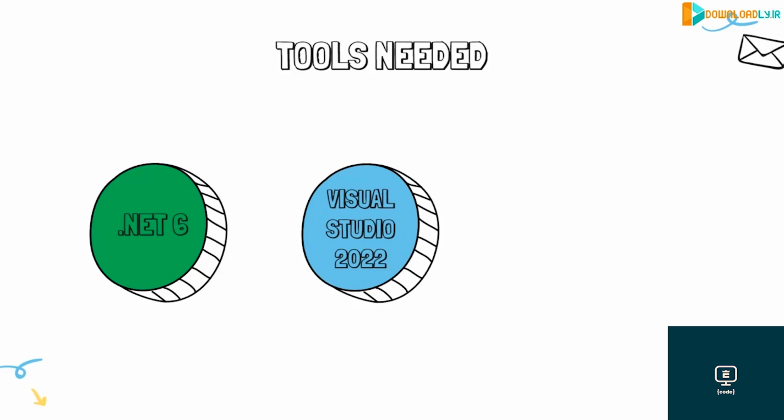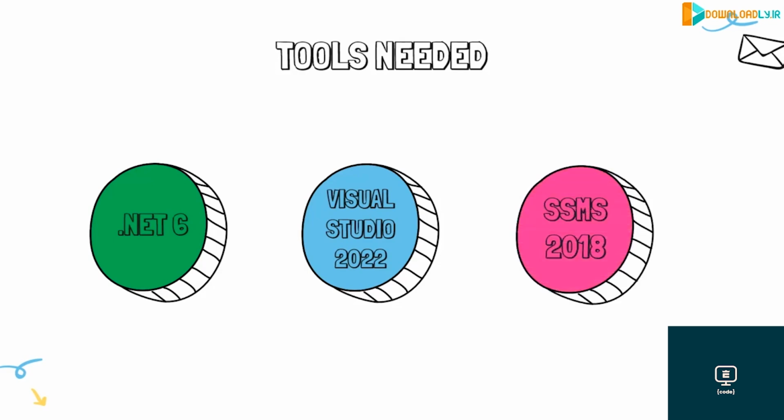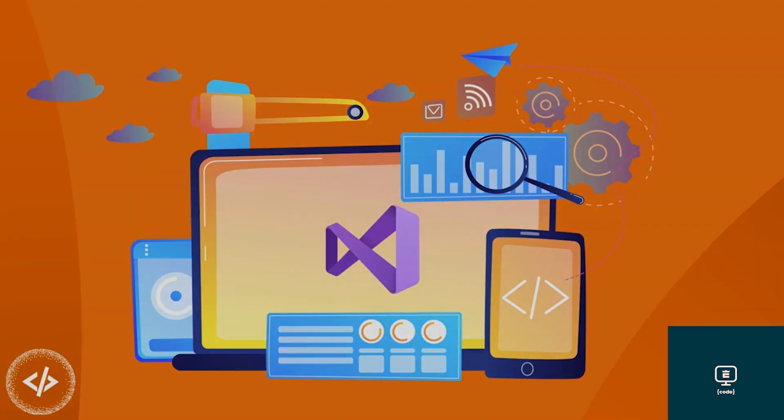So make sure to install the latest version of that along with SQL Server Management Studio for our database. If you have an older version of SSMS or SQL Server, that's okay. It will be compatible with our Visual Studio. So as long as you have all of these softwares, let's continue from the next video.